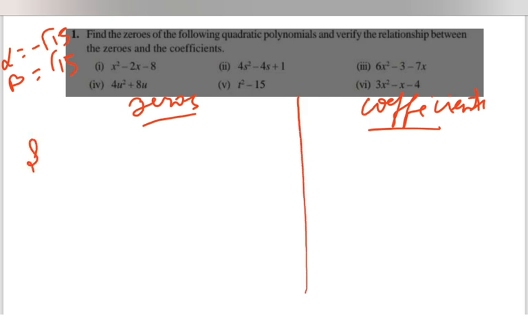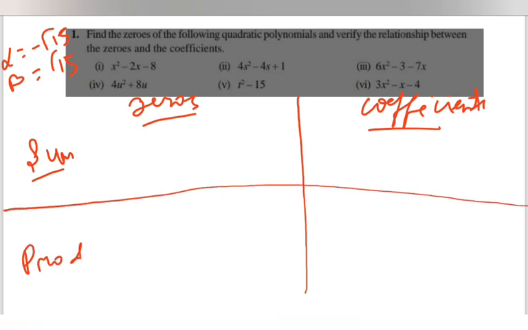First sum and product. Let's check the relation. So sum of the zeros, that is adding both the zeros, minus root 15 plus root 15, will be equal to 0.